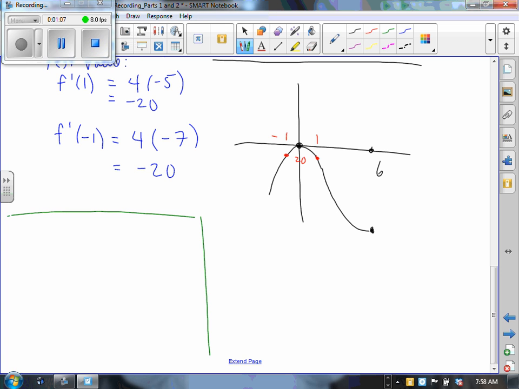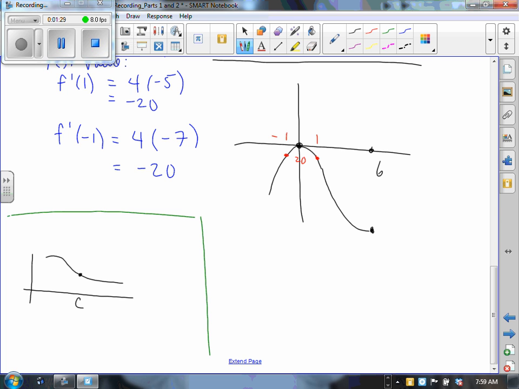And let's say, for instance, that we had a function that had a shape that is somewhat like this. And at a particular value of x, call it c, let's say at that point c is a critical value for us.